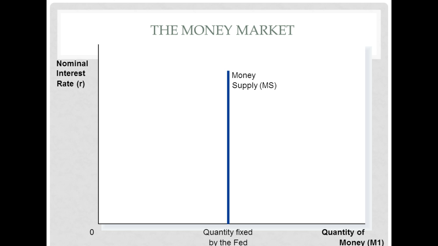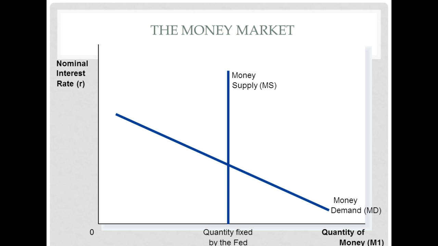They select the amount they want, and regardless of the interest rate, that's the amount that they select. Now we'll talk about why they select certain amounts, but the amount that's going to be out there is determined by this organization. And so the supply curve at the very least is not influenced by interest rates. The money demand curve, however, is a little bit different story.